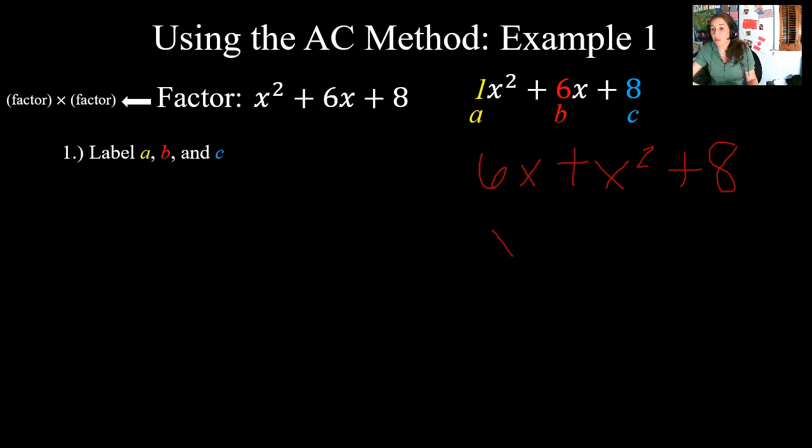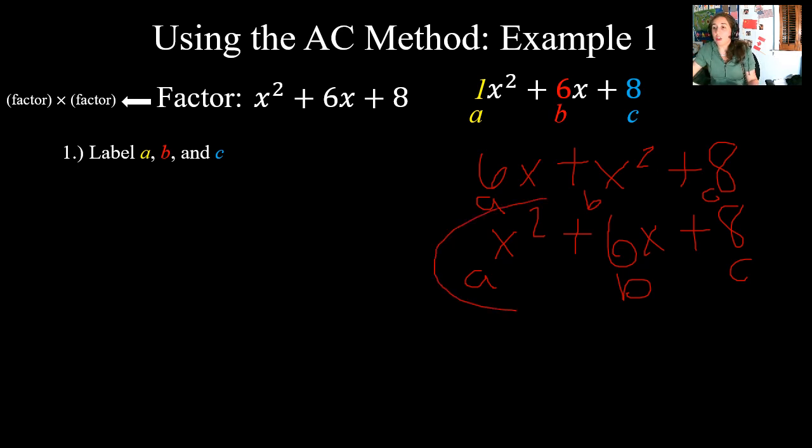So you would have to rewrite it as x squared plus 6x plus 8 so that you label your A, B, and C correctly, because otherwise your A would be 6, your B would be 1, and your C would be 8, and the AC method wouldn't work, okay?